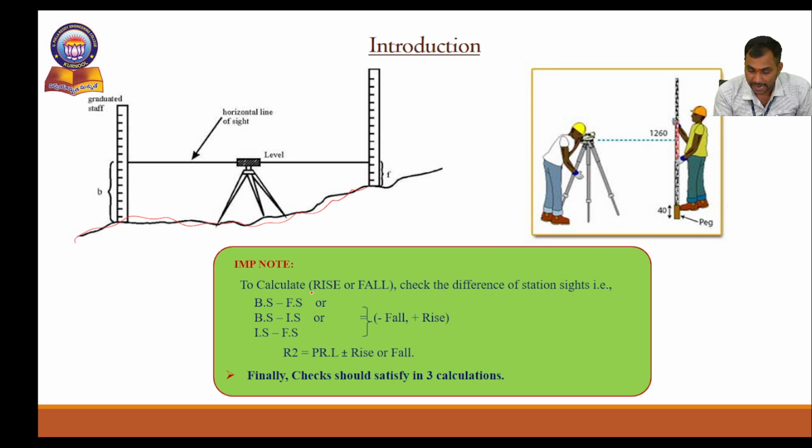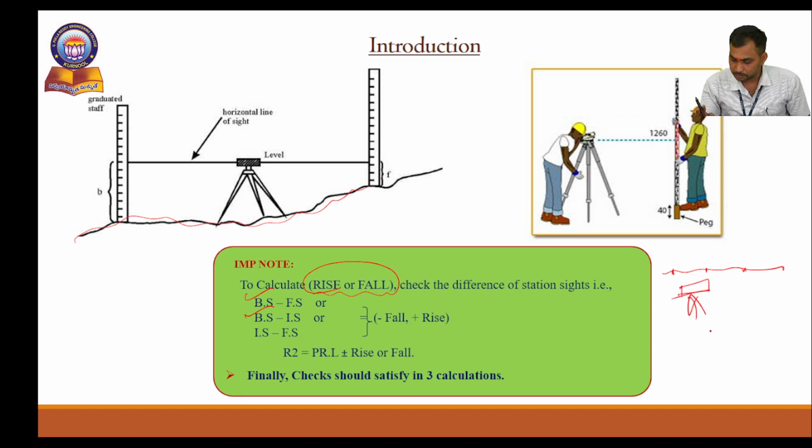To calculate the rise and fall, we have to calculate backsight minus foresight, or backsight minus intermediate sight, or intermediate sight minus foresight. For example, I have kept my instrument at my station here.